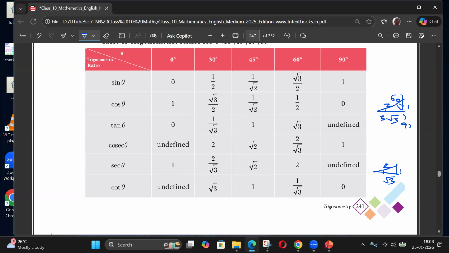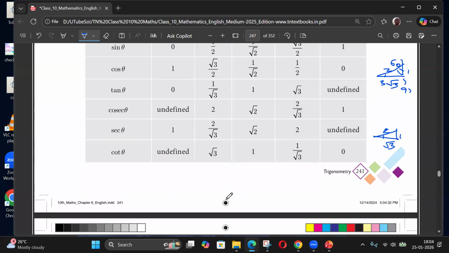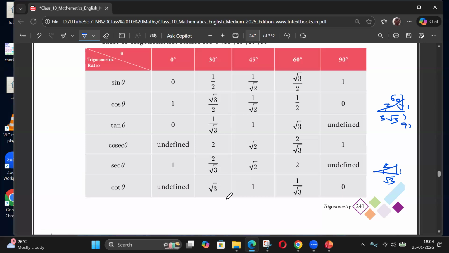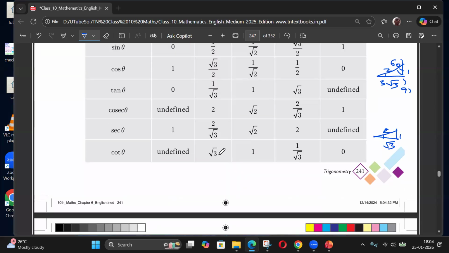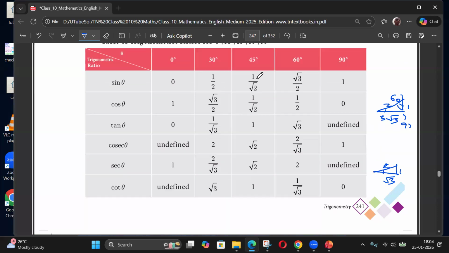Then cosecant theta is 1 by sine, and secant is 1 by cos. Cot theta is the reciprocal of tan theta, so root 3. Next we can complete 60, because 60 is there in this same triangle.